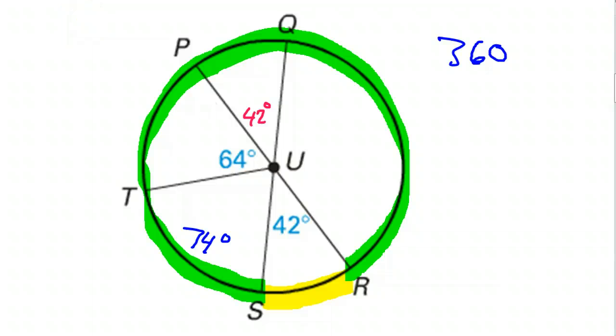If I do 360 minus 42, that should leave the rest. That should leave arc RQS.